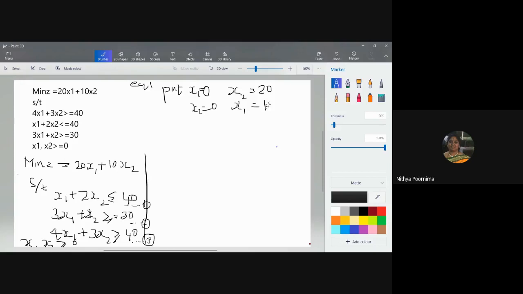So the coordinates are 40 comma 20. Correct? Yes, sir. Now for equation 2, if x1 is 0, then x2 will be 30. If x2 is 0, x1 will be 10. So the coordinates are 10 comma 30.